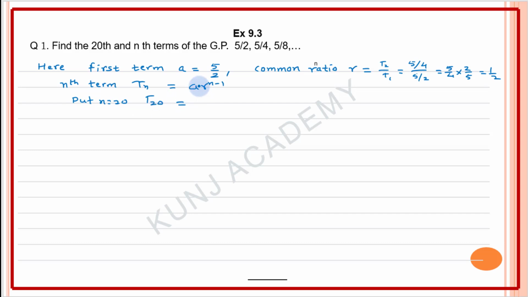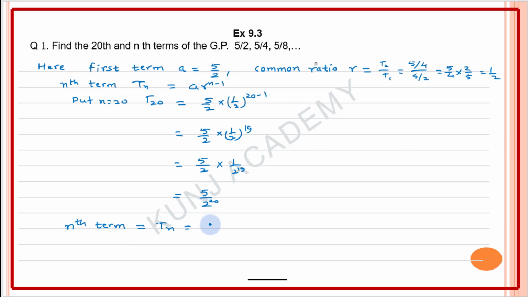T20 is equal to, a is 5 by 2, r is 1 by 2, n is 20, is equal to 5 by 2 into 1 by 2 power 19, which is 5 upon 2 power 19 plus 1, 20.